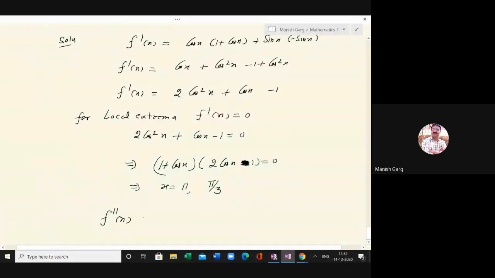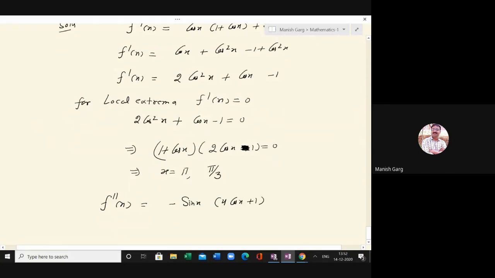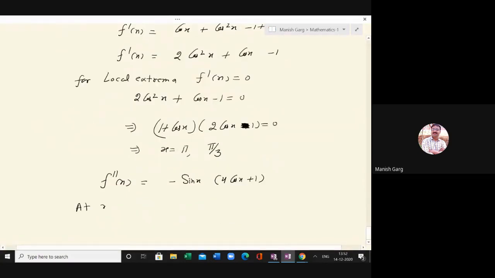If you find it, I am writing directly, you can find it is minus 4 cos x minus 1. So at pi, f double dash pi is 0, no conclusion can be drawn.